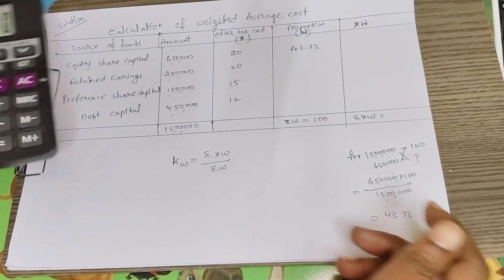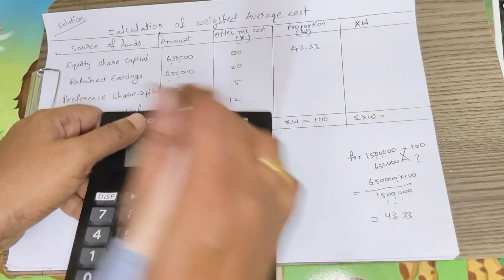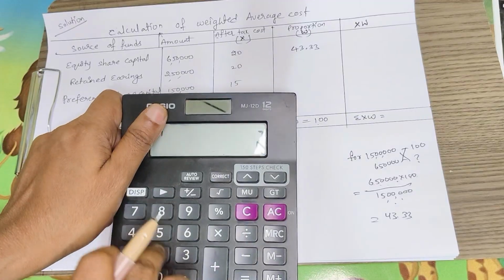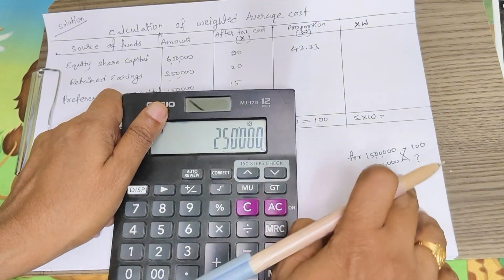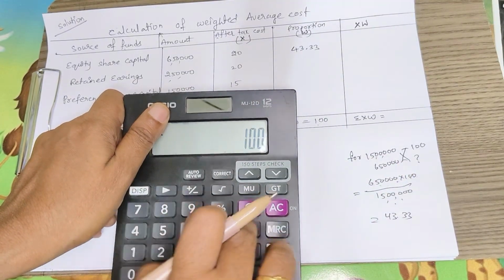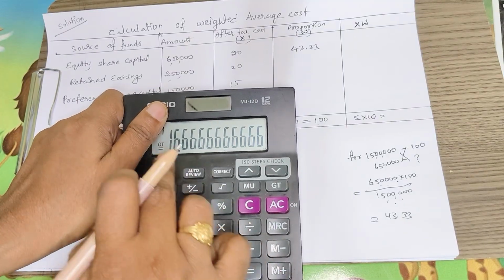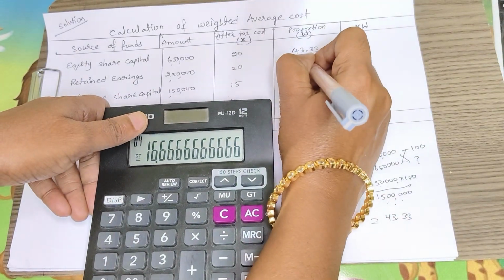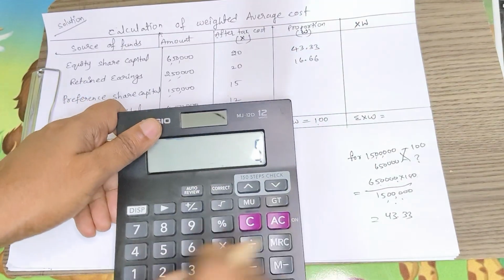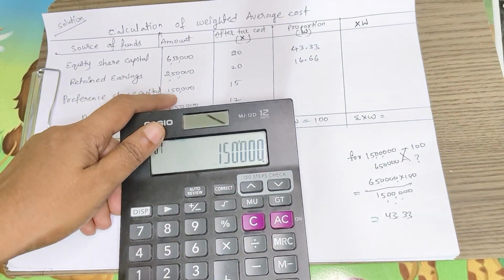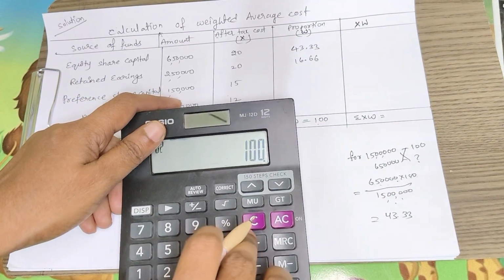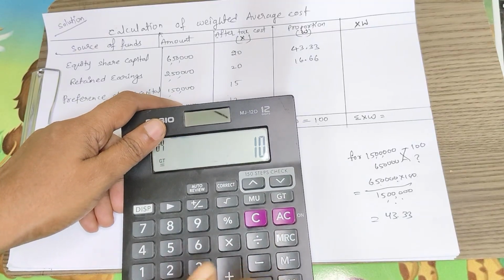See here, for retained earnings, 2,50,000 into 100 divided by 15 lakhs is 16.66. Next, 1,50,000 preference share capital into 100 divided by 15 lakhs is 10.